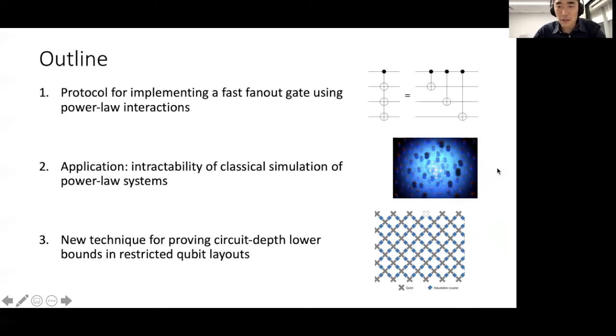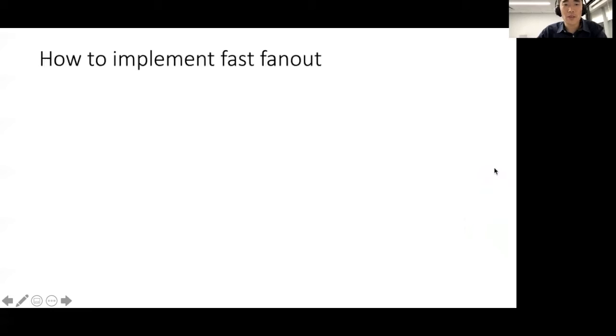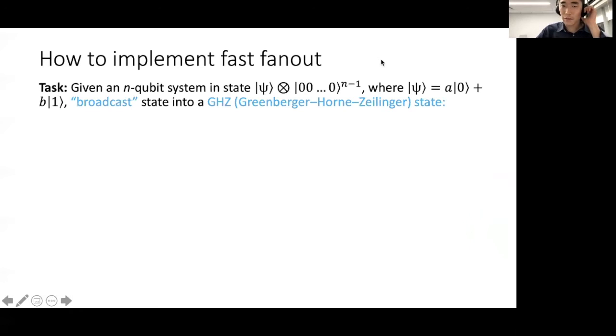All right, so without further ado, how do you implement a fast fanout gate? We first start with this subroutine, this entanglement generation subroutine, as I like to call it, which is as follows.